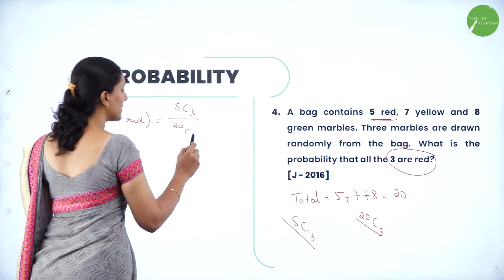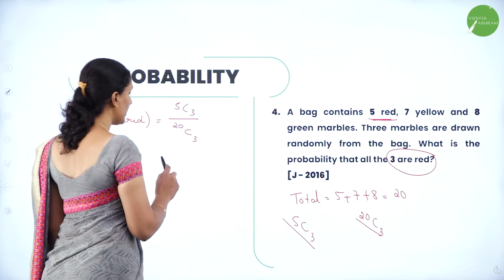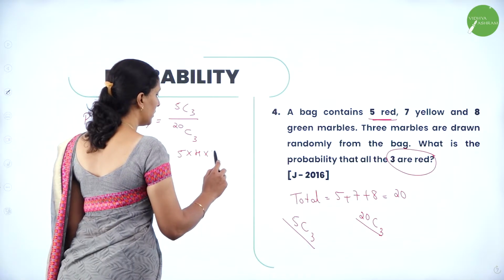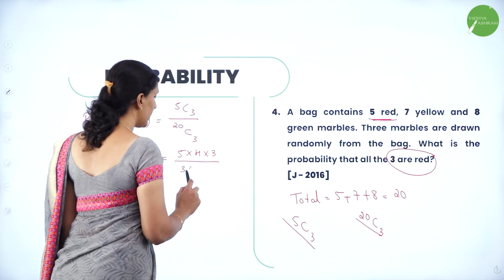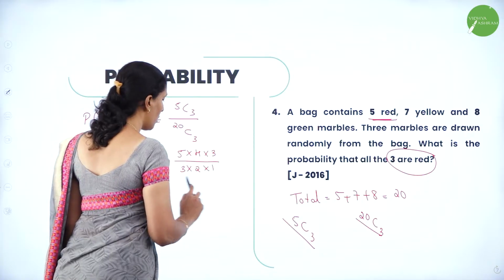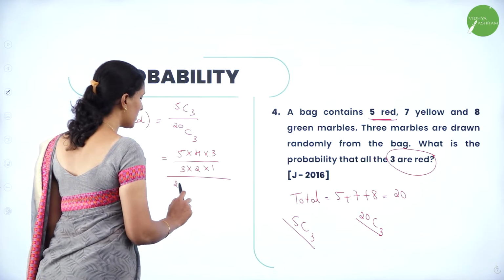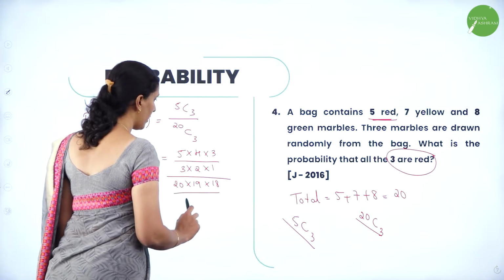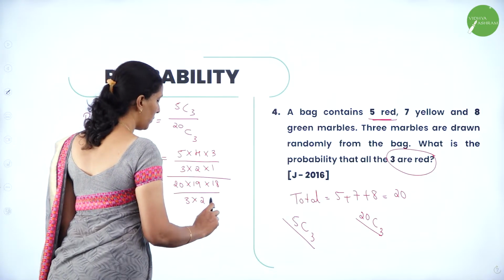by 20C3. So, 5C3 is 5 into 4 into 3 divided by 3 into 2 into 1, whole divided by the denominator, which is 20 into 19 into 18 divided by 3 into 2 into 1.